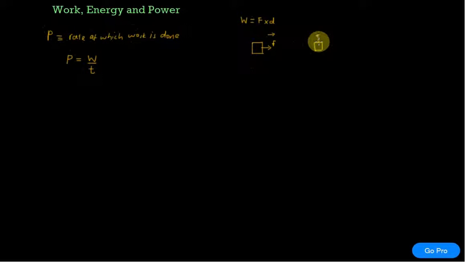So if I apply a force upwards and the body moves upwards, then the force and direction of movement are in the same direction, and therefore I'm doing positive work on this particular object. What can also happen is I apply force upwards, but motion is happening downwards. Say, for example, if I was doing a pull-up.